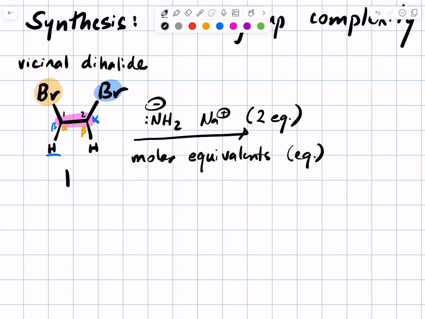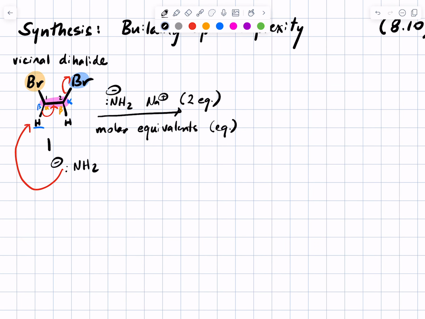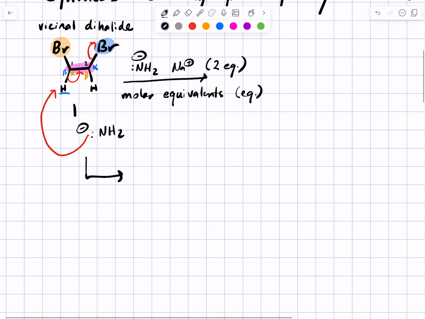reactions. I'm going to have 1 equivalent of my base remove the blue beta proton, creating a pi bond, and the leaving group leaves. And my intermediate would be the following, now not vicinal dihalide.